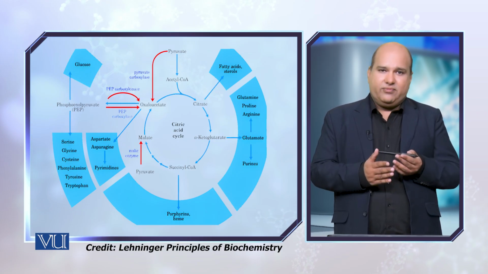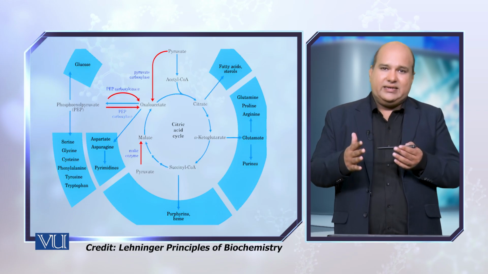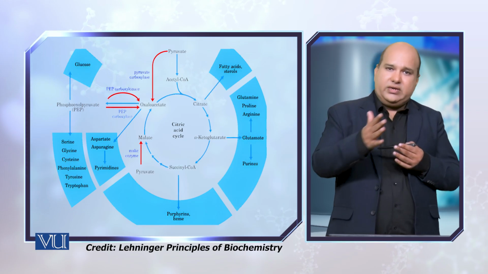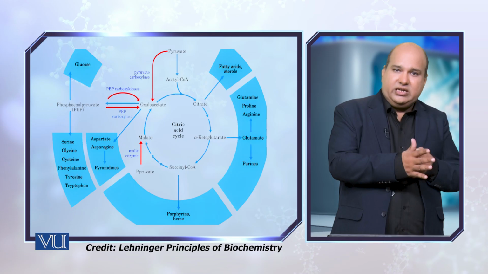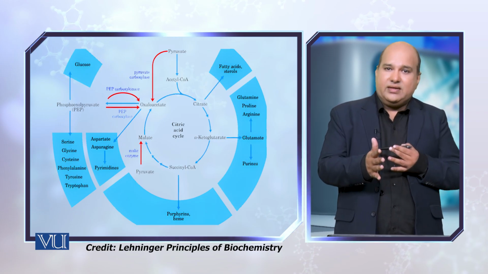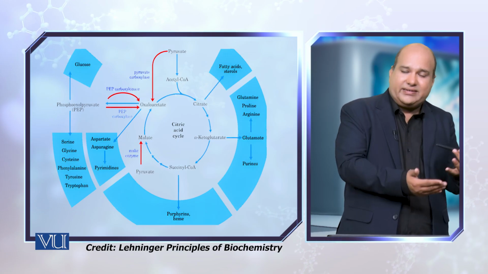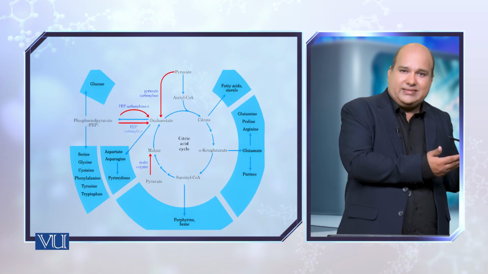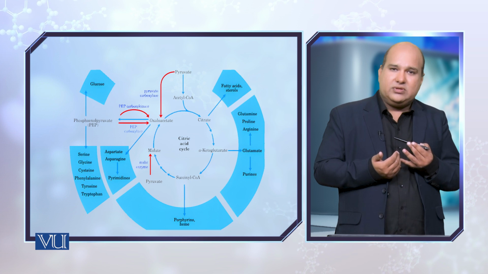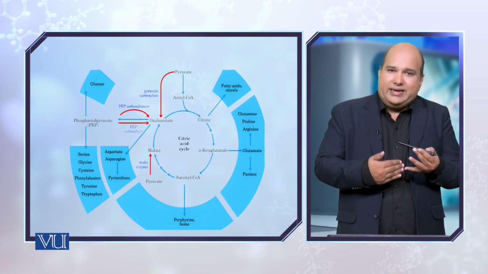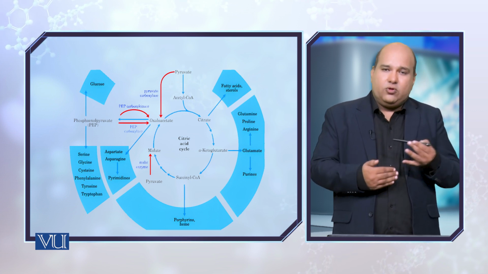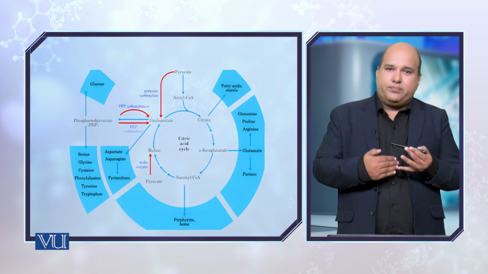So this is why we can say that TCA is not only producing energy, it is not only giving the carbon skeleton, but it's also interacting with the other pathways and taking certain molecules for its own existence, also for its own proper proceeding.